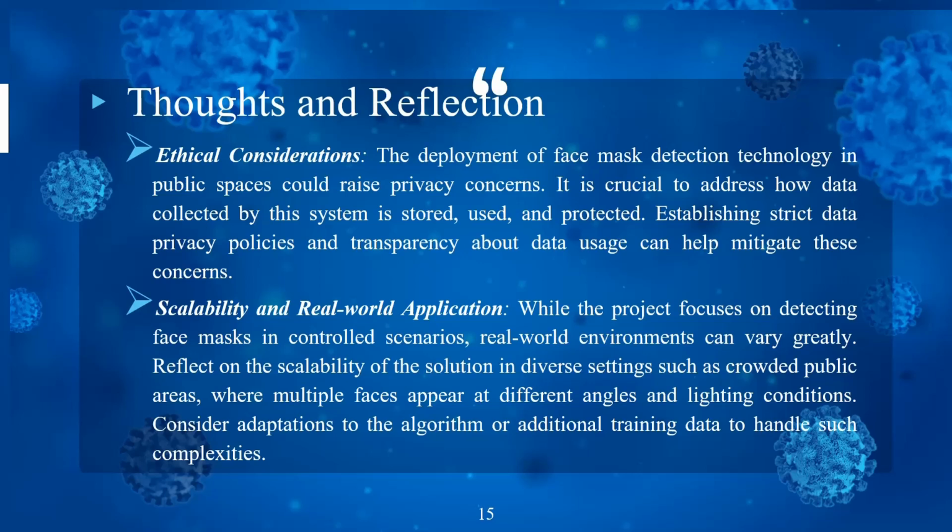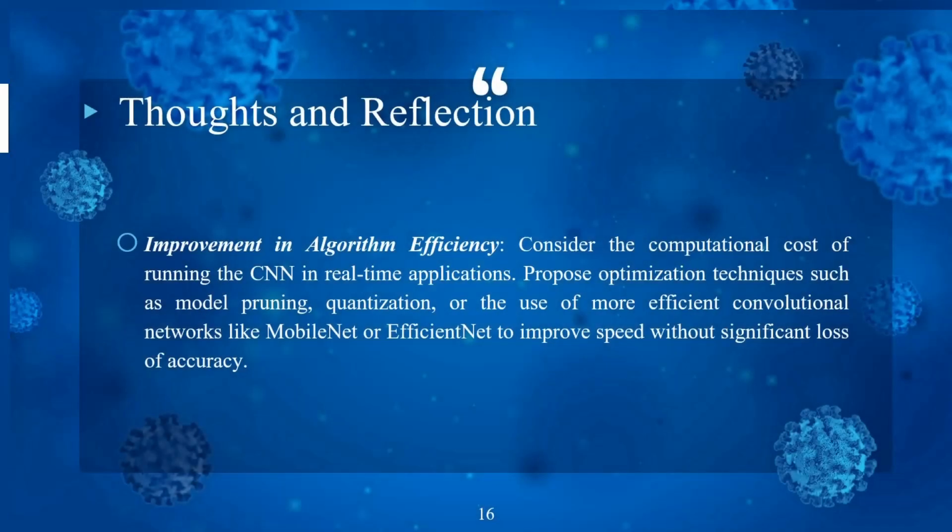This project is designed in such a way that it can detect the face mask in controlled scenarios, and it should be designed so that it can detect the face mask in public crowded areas where multiple faces appear at different angles and in different lighting conditions. For that, it should consider updating the algorithm or additional training data to handle the complexities.